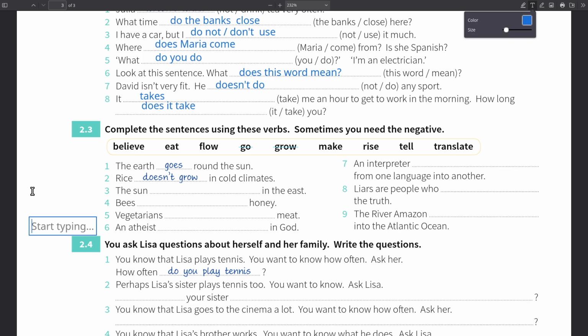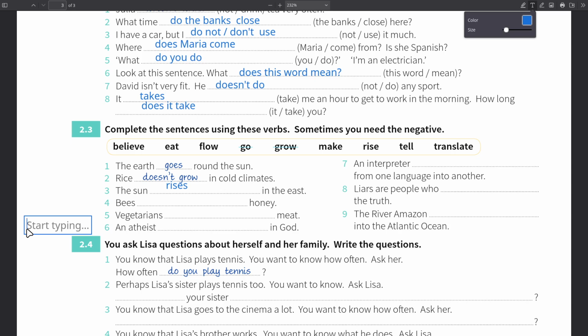There's one. The sun rises. Why rises? Because we're talking about the third person, right? The sun rises in the east, right? In the east. The next one. Bees. We're talking about plural.